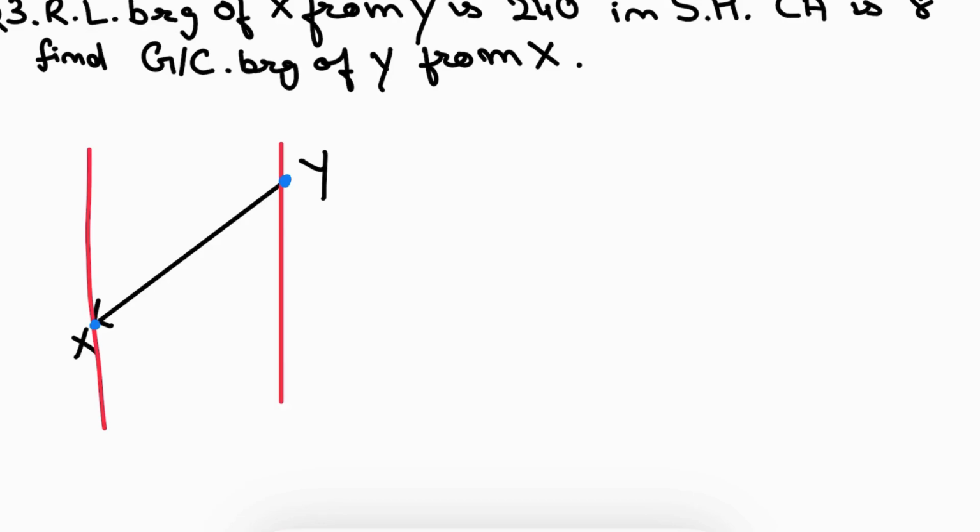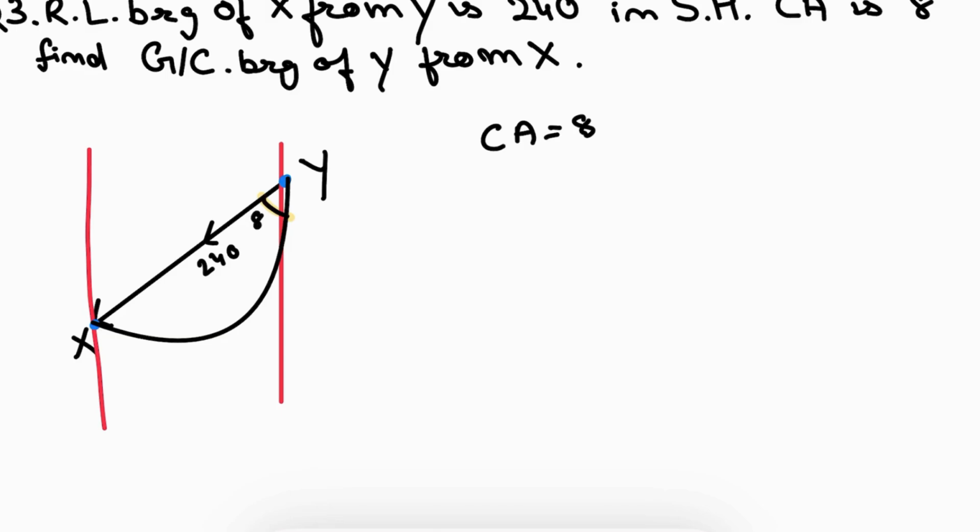So this is the direction of 240, the rhumb line from y to x, and the conversion angle is given as 8 degrees. If this is the south hemisphere, then the great circle is going to be convex to the pole. So we know that the highlighted angle is 8 degrees.